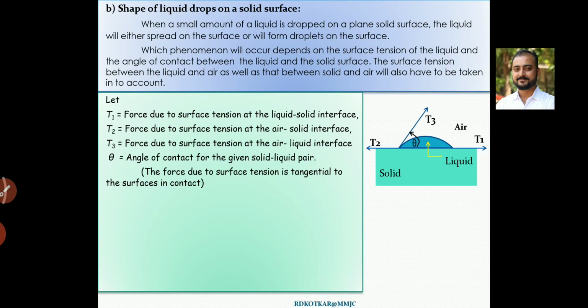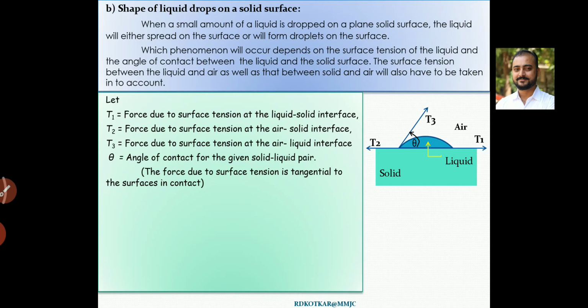We consider the forces T1, T2 and T3. Why are these forces taken into consideration? Because the forces considered here are tangential to the surfaces in contact, at the respective surfaces.